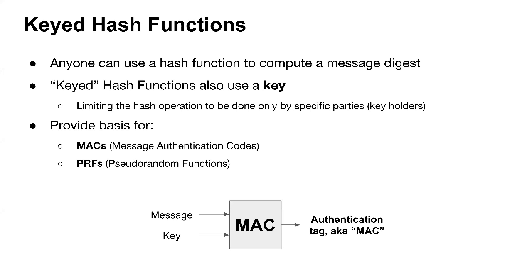So it limits the hash operation to a specific party who has that key. This category of function provides the basis for MACs, message authentication codes, and also PRFs, which are pseudo-random functions. Into your MAC, you'll have the message as well as a key, and then as output, you'll have the authentication tag, also known as the MAC.